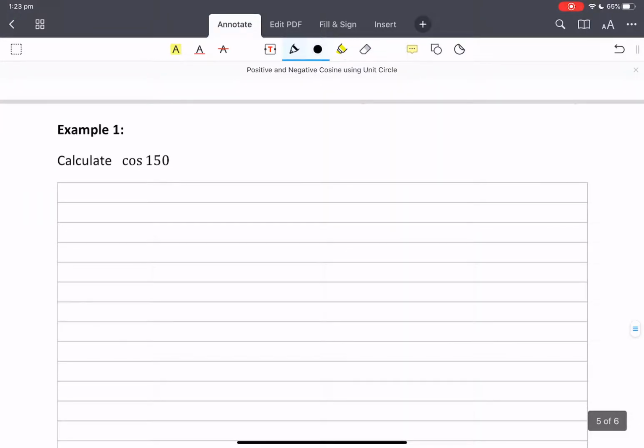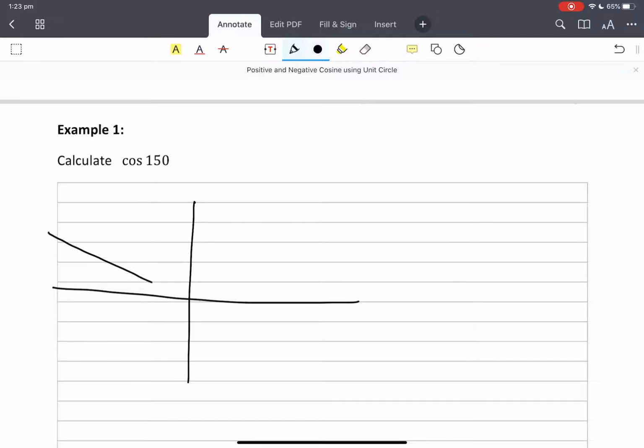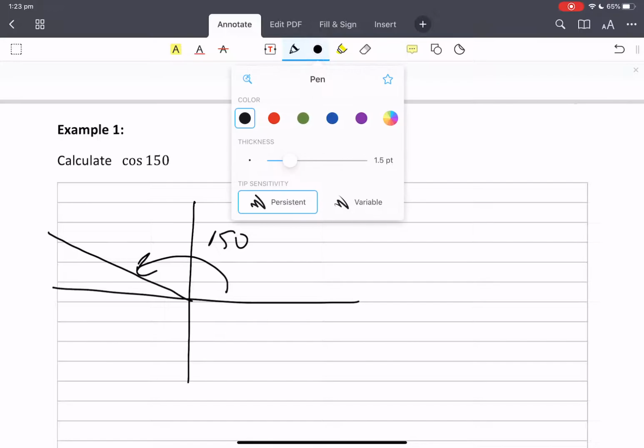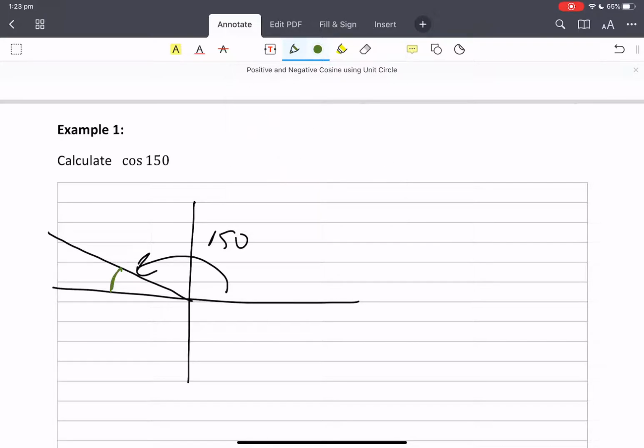Let's do a question. So again, I've got to draw a triangle with a 150 degrees in it, and I can't. So there's my 150. I need to get this angle here, which is 30. The little acute angle measured off the x-axis is called my reference angle.